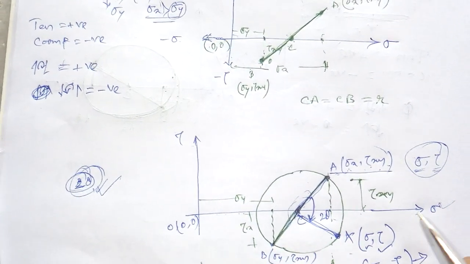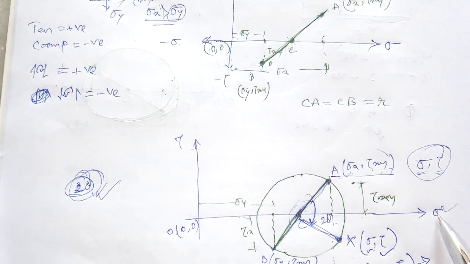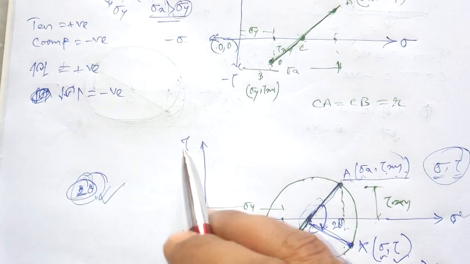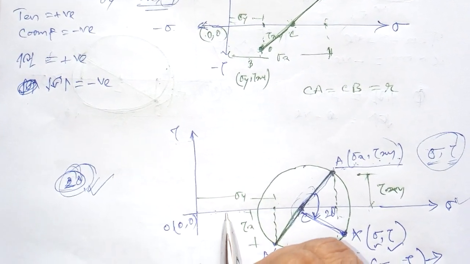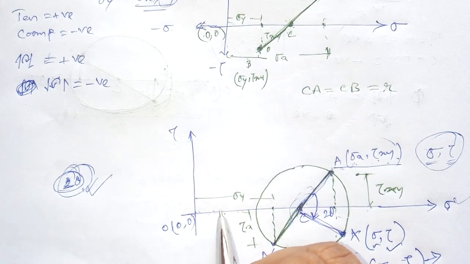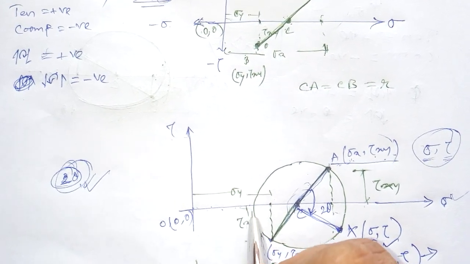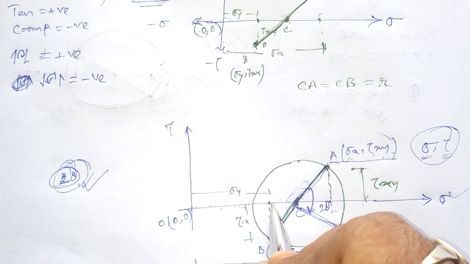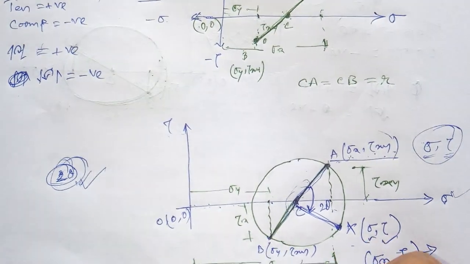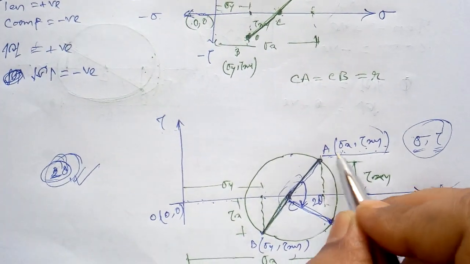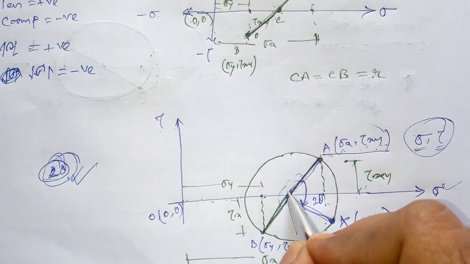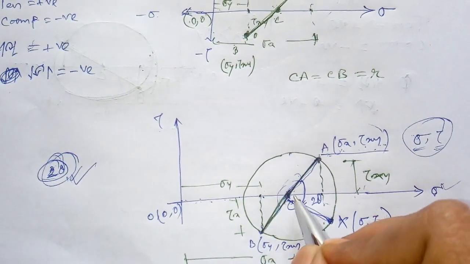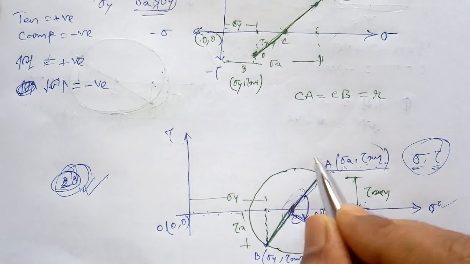So we have to convert these stresses, either sigma or tau, to millimeter or centimeter, and in some suitable scale we can find out the sigma y, tau xy point and sigma x, tau xy point, and taking the center and CA or CB as radius, we can draw the circle.